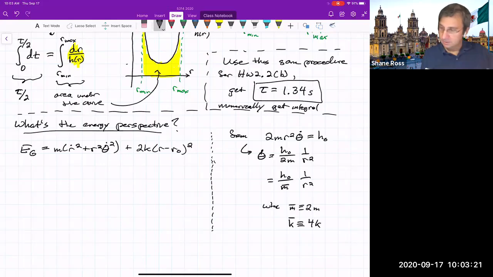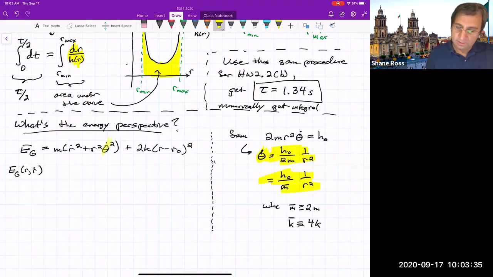So over here, we could rewrite the energy in terms of just r and r dot, because we could use this formula to eliminate theta dot. Okay. So what will this end up being?